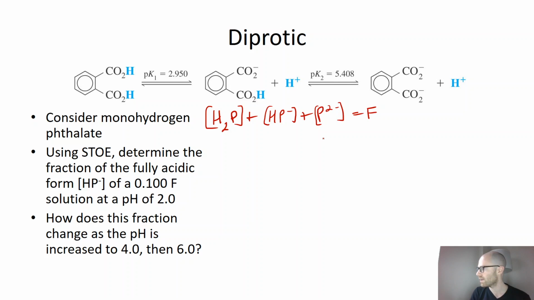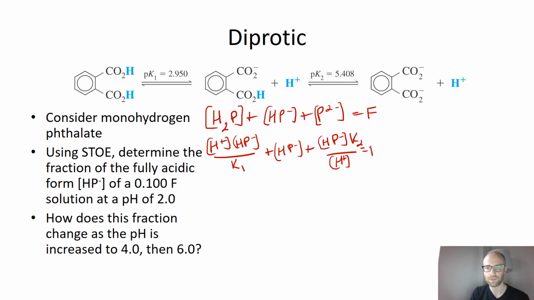In doing that, using K1, what we end up with is H plus times HP minus over K1 plus HP minus plus HP minus K2 over H plus equals F.